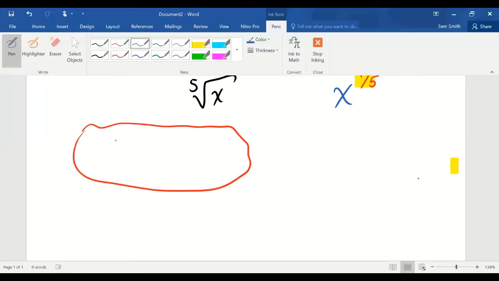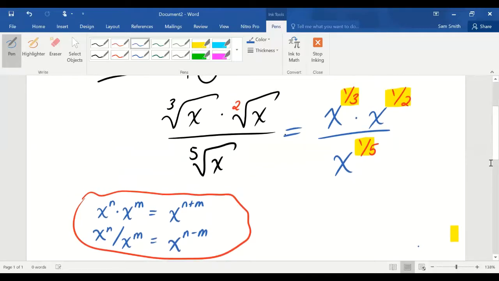I could use the exponent rule that says, if you've got two things, same base, multiplied together, you can combine that by adding the exponents. And if you've got two things with the same base divided by each other, you can clean that up by subtracting the exponents. So let's apply those rules here.